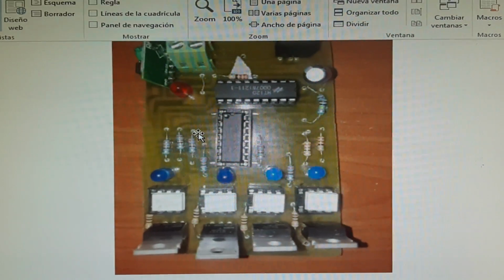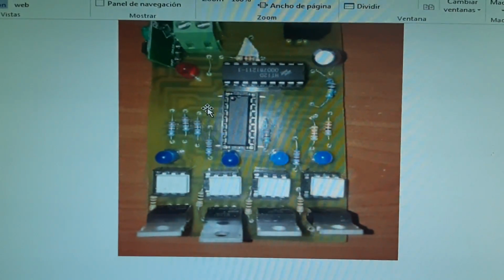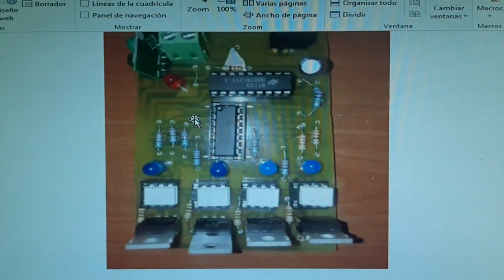Here we have the components over the plates, soldering. Right.